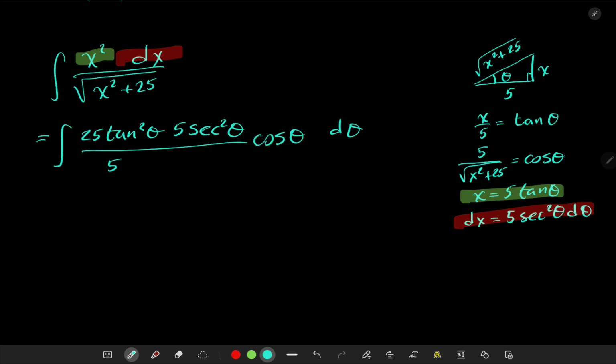It would have been much easier just to write the square root of x squared plus 25 as the secant of theta over 5, times 5 times the secant. I was just checking if I had done it correctly.